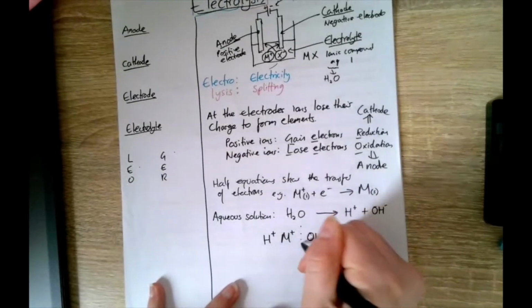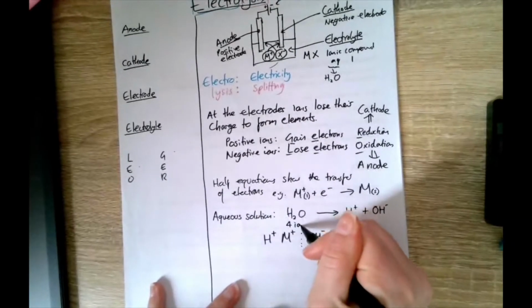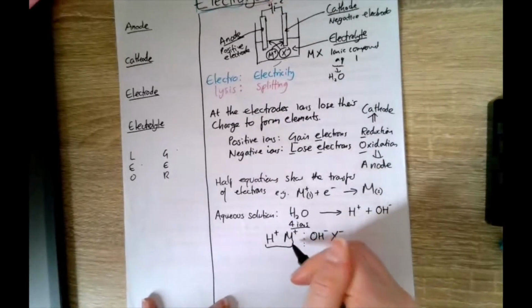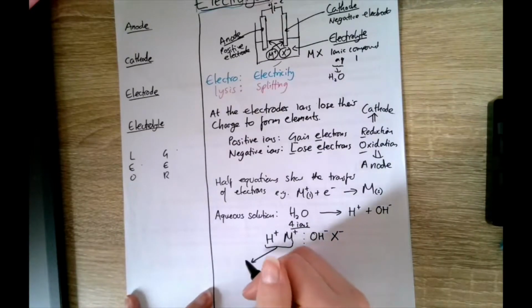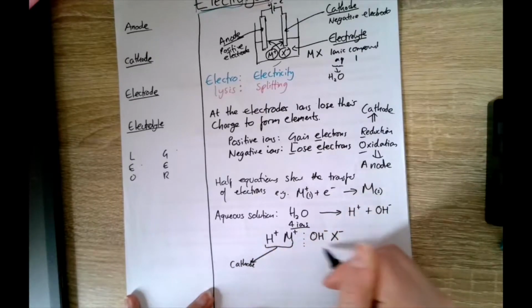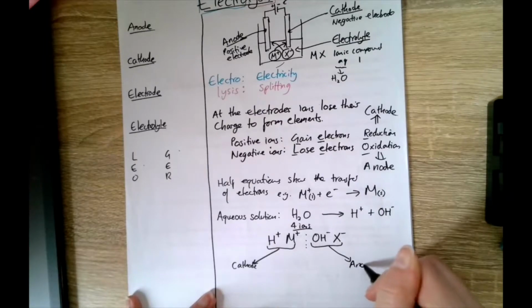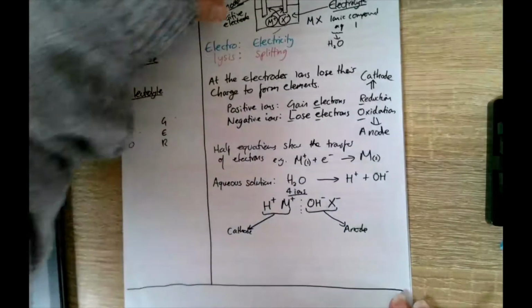So 4 ions in total in our aqueous electrolyte. So these two, we need to decide which one is going to be going to our cathode, and for these two we need to decide which one is going to be going to our anode in order for those reduction and oxidation reactions to happen.